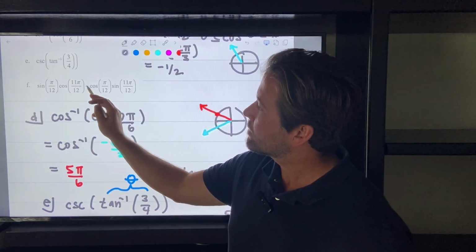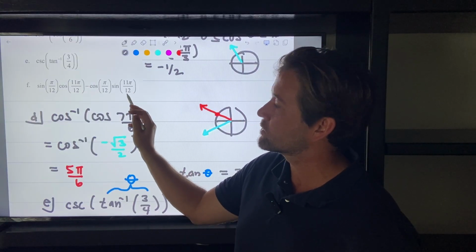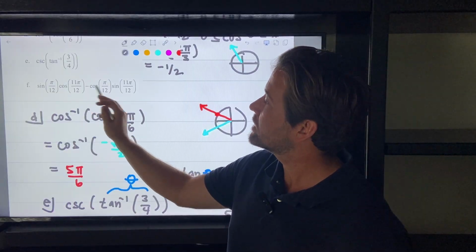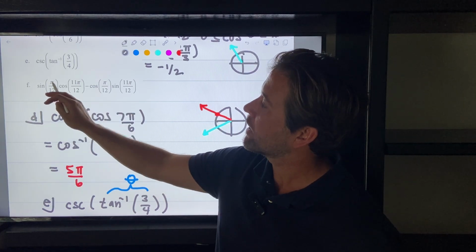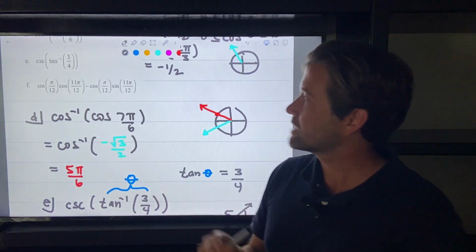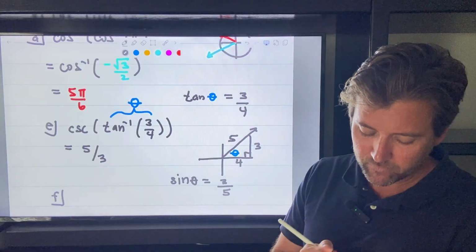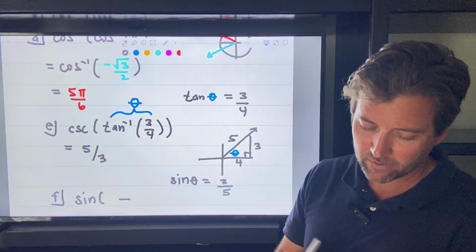I could change this to a plus sign here and make this sine of a negative 11 pi over 12 because sine is an odd function. So I could rewrite this as a plus and put sine of negative 11 pi over 12. In order to see that, you have to take pi over 12 minus 11 pi over 12. So part F, it'll condense because that's the angle addition, but there's a minus sign here.